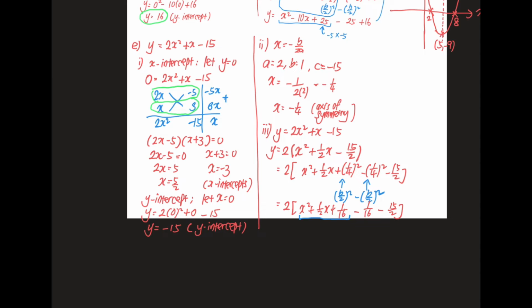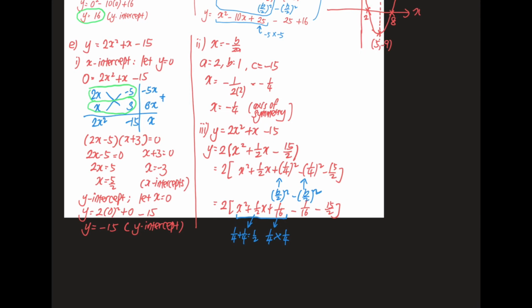Now we need to factorize the first 3 terms. You have to think of 2 numbers that multiply to give 1 over 16 and add up to give 1 over 2. When you add 1 over 4 and 1 over 4, you get 1 over 2, and when you multiply, you get 1 over 16.